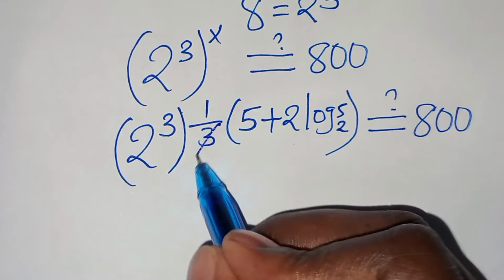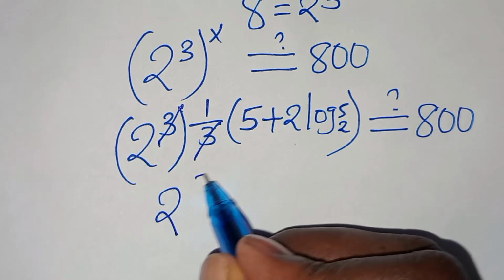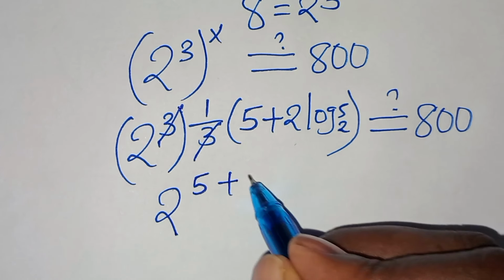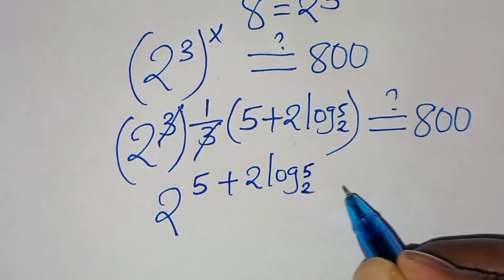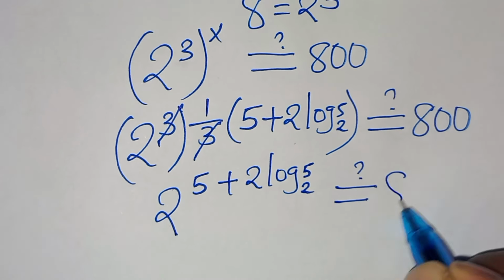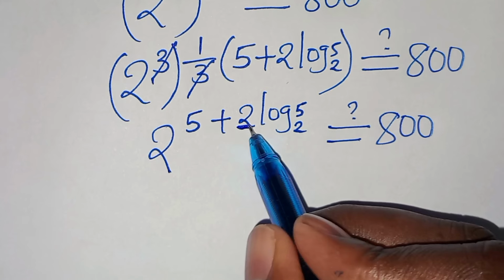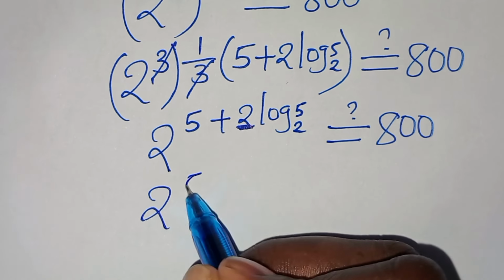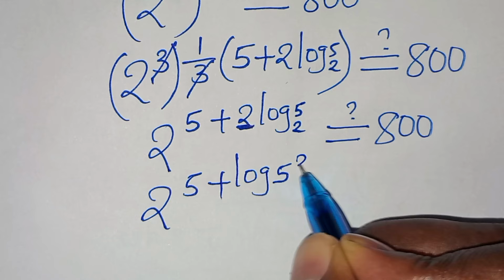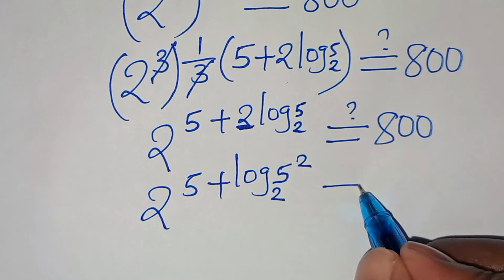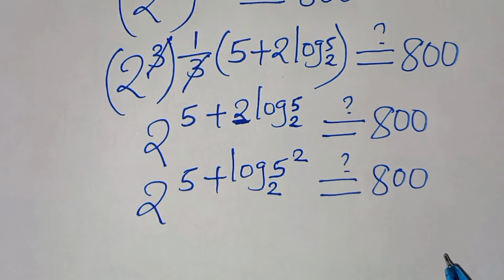Now 3 and 3 here simplifies so that we have 2 to the power of 5 plus 2 log 5 to base 2. This should give us a value of 800. Now you find that 2 is a power here, so we can express this as 2 to the power of 5 plus log 5 raised to the power of 2 to base 2. This should give us a value of 800.